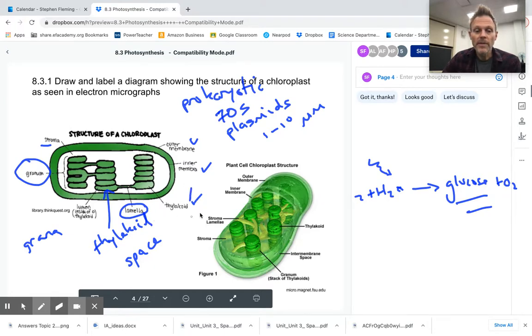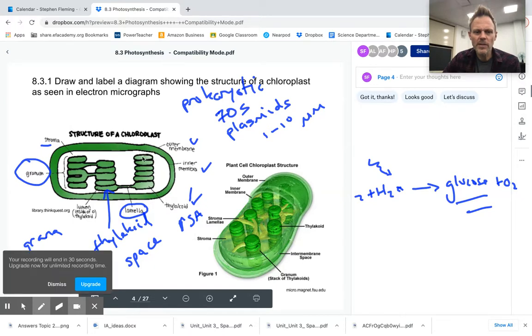So the thylakoid here, by having all these stacks like this, you increase surface area, right? So there's more surface area for the sun. If you remember, the chlorophyll is on the surface of these thylakoids. There's more surface area, and we saw that in the cristae of the mitochondrion, right?